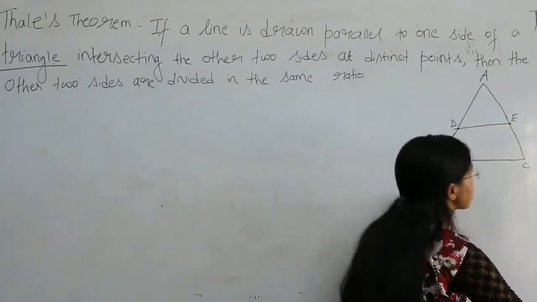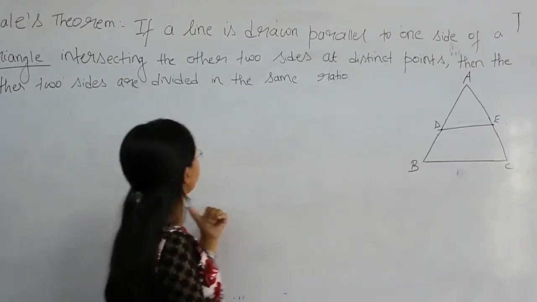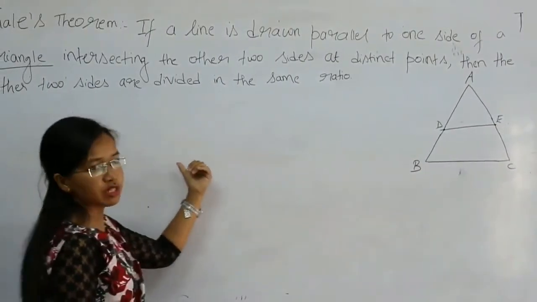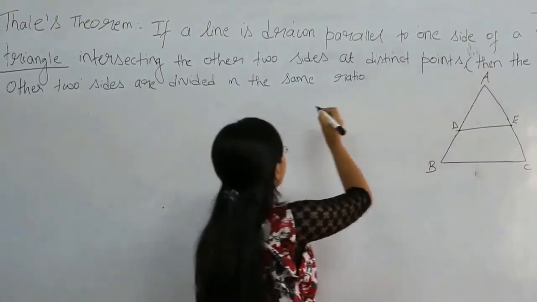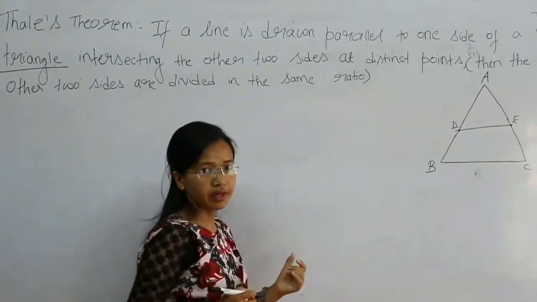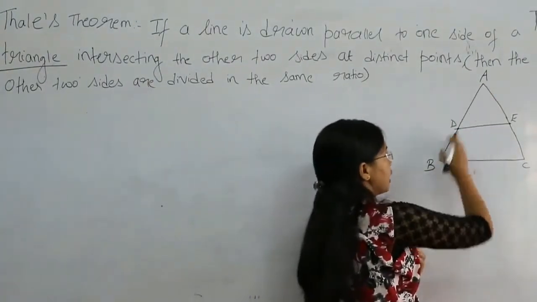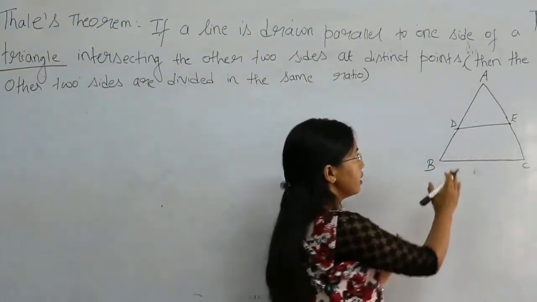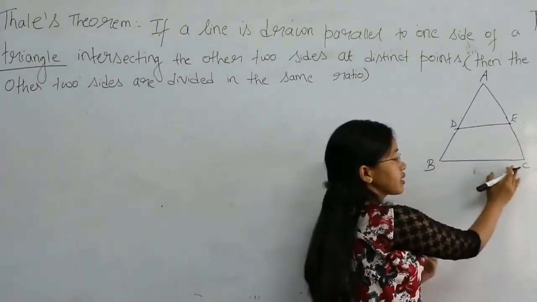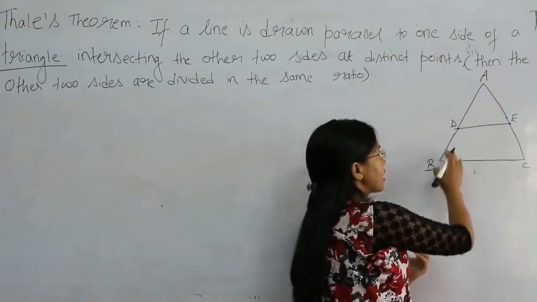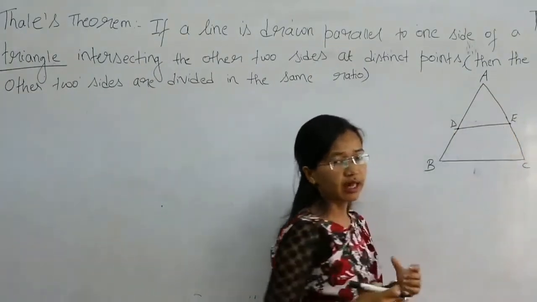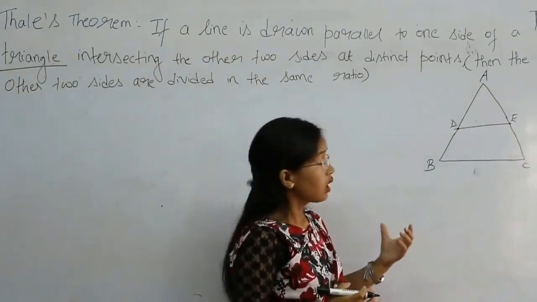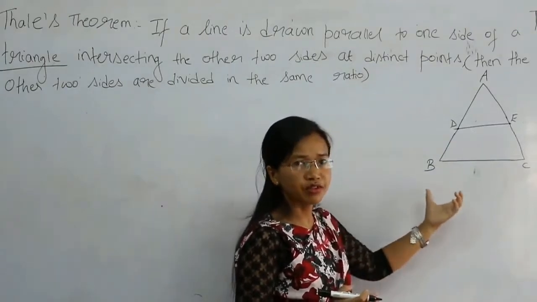What happened next? Then the other two sides are divided in the same ratio. That is what we are going to prove. We are given triangle ABC and then line DE is drawn parallel to the side BC, meeting the side AB at point D and the side AC at point E. Sorry, that is given to us.